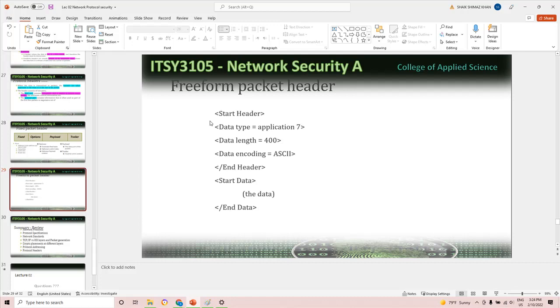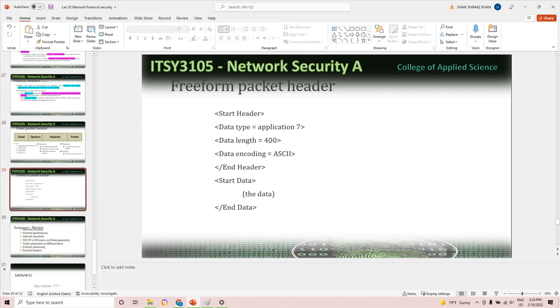When some application layer programs communicate with other systems, free form packet headers are attached. So should you memorize? No need to memorize, just understand the concept.